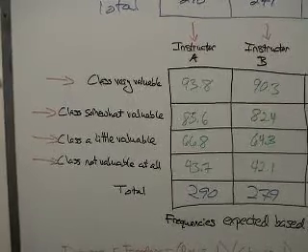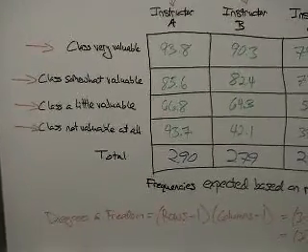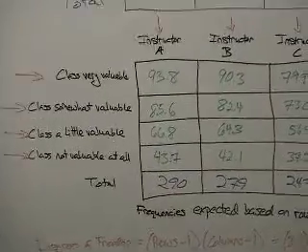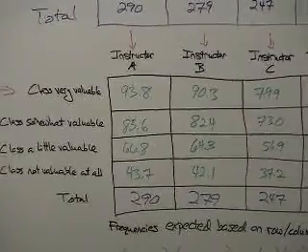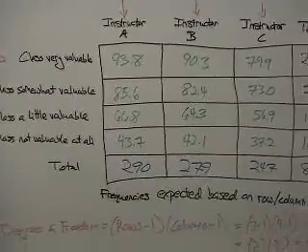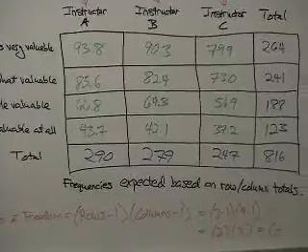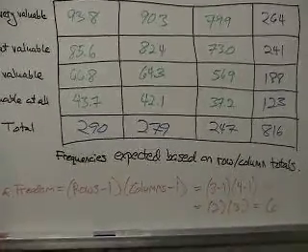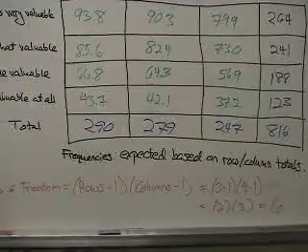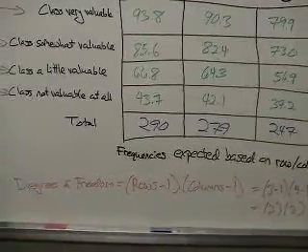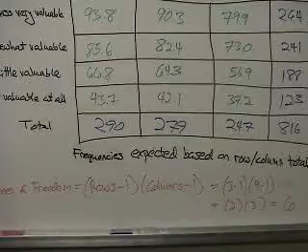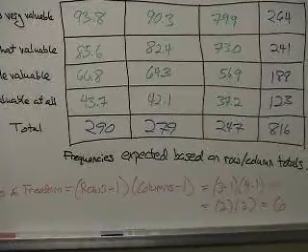So we have 4 rows. That means rows minus 1 is 3, times columns minus 1, that would be 3 minus 1, or 2. So 4 minus 1 times 3 minus 1, or 3 times 2 equals 6. So your degrees of freedom for this particular problem is 6.